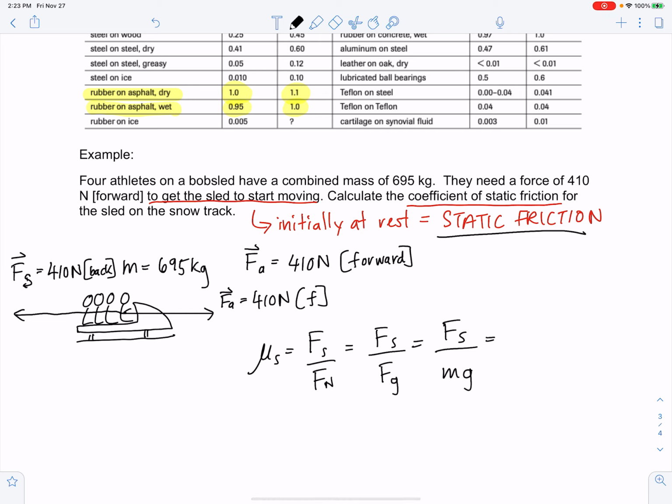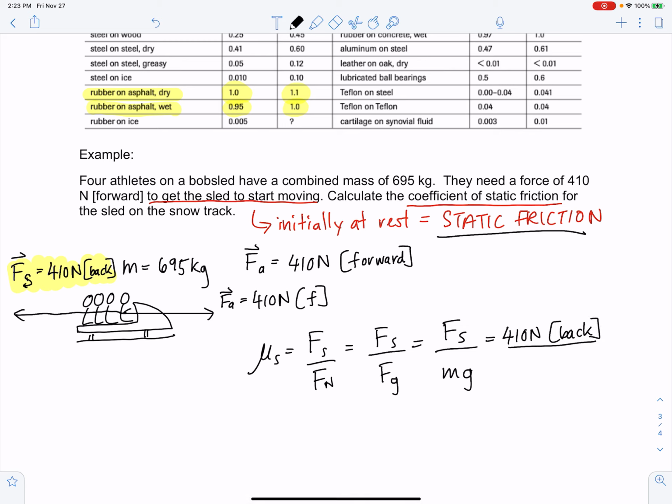So we can put in our values. The force of static friction, we said, is 410 newtons backwards. The mass is 695 kilograms, and g is 9.8 newtons per kilogram.